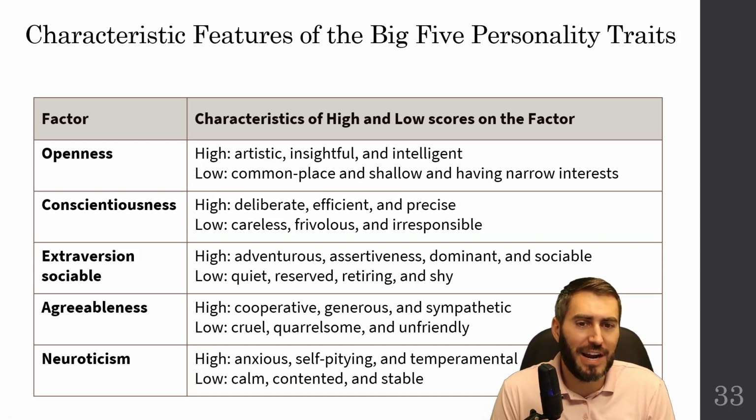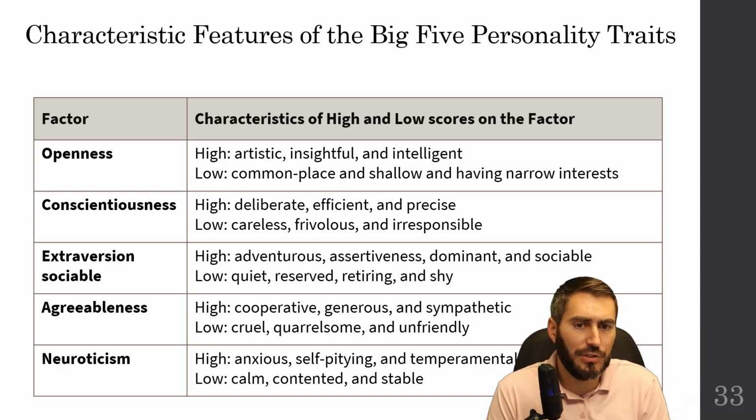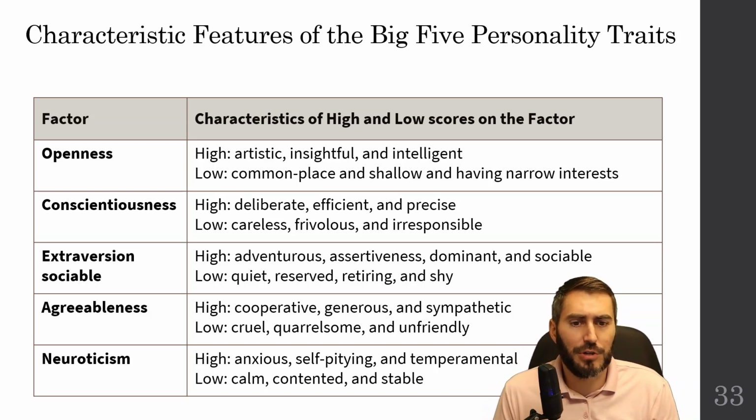So when we look at these factors, we can see some distinctions between high versus low levels in each. For the first one, openness, we see high levels being people or personality traits that are more artistic, insightful, intelligent, whereas low tend to be more commonplace or shallow or have more narrow thinking. Conscientiousness being deliberate, efficient, precise.